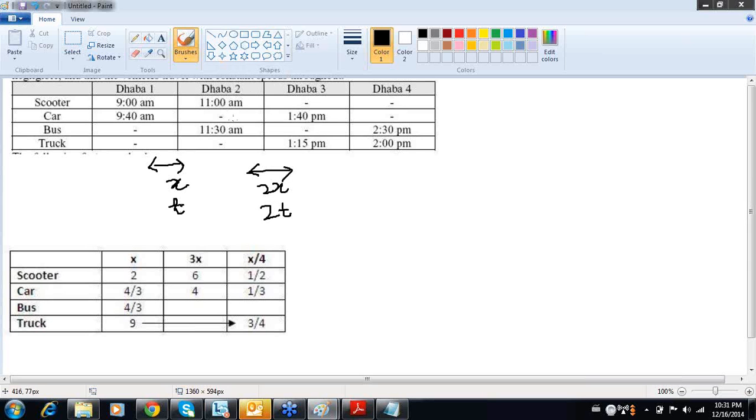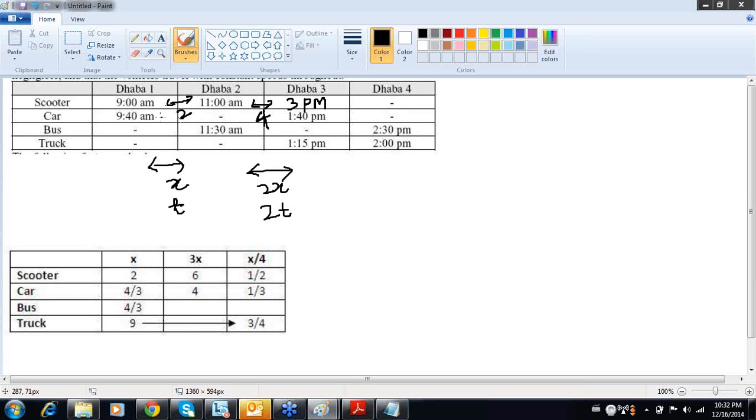Keeping this in mind, it reaches here at 9 a.m., and here at 11 a.m. So how much time does it take here? 2 hours. So here how much time will it take? 4 hours. That means it will reach at what time? 3 p.m. Okay. Got it, everybody?